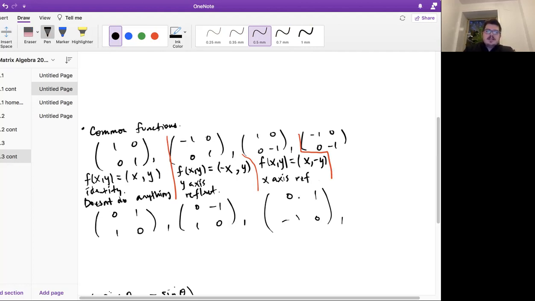Okay, and how about this last one? It's negative x, negative y. And that's an origin reflection.